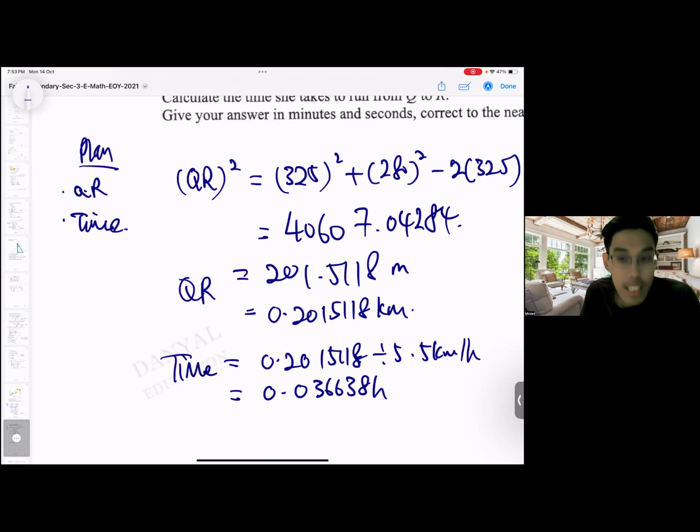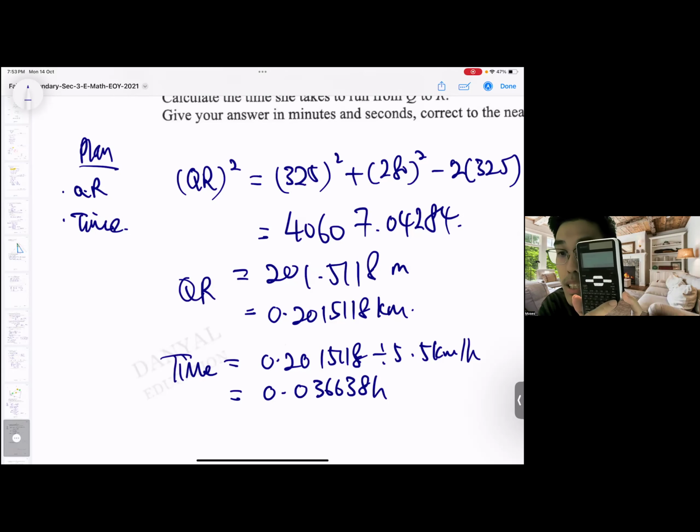Recently I learned a new trick. You all can actually use this as well. In your calculator, there will be this thing called DMS. I don't know if you can see your calculator, there's a DMS here. So what does this mean?